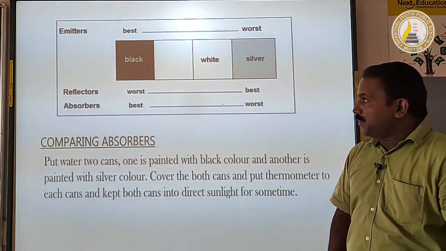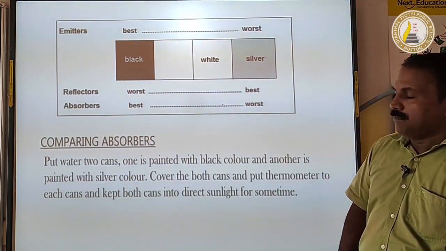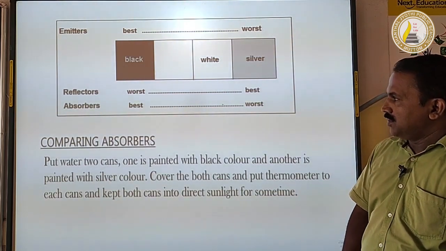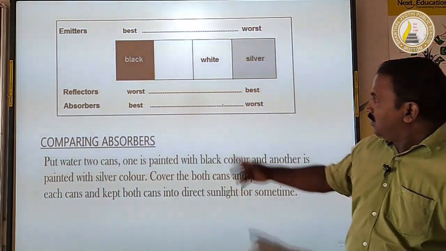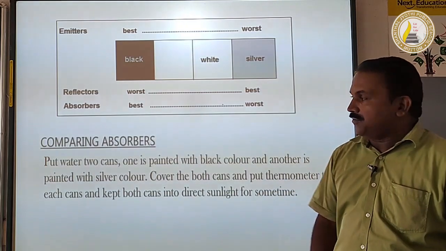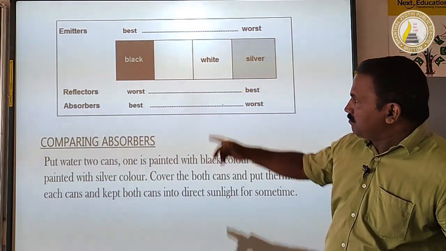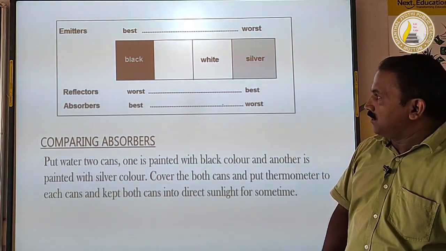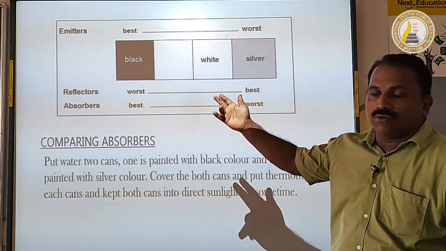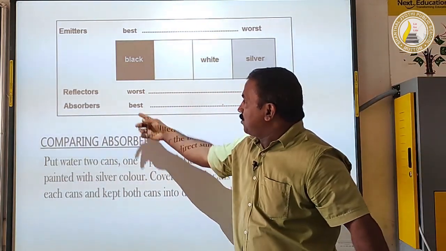Then what are the properties of black, white and silver? From this chart we can say reflector. Black is the worst reflector because black is a good absorber, the best absorber.